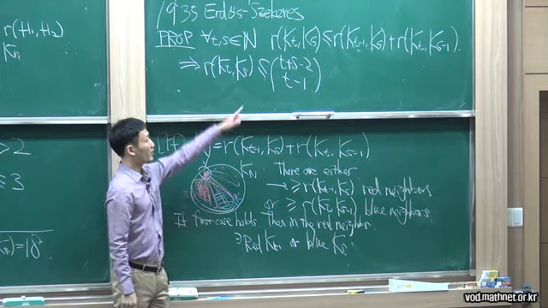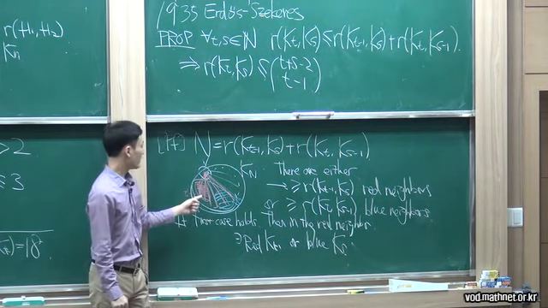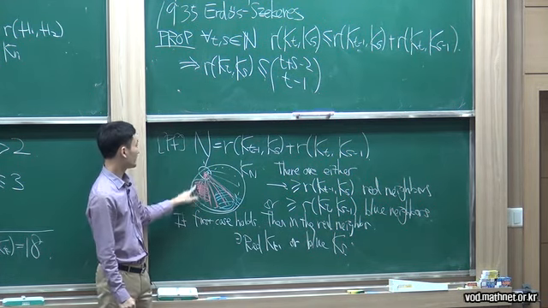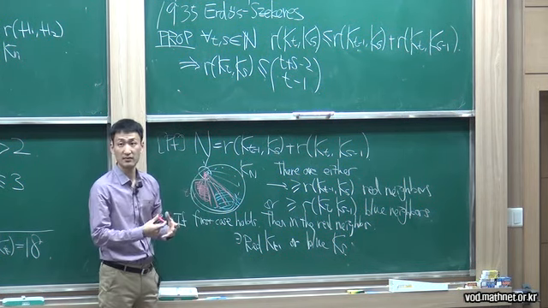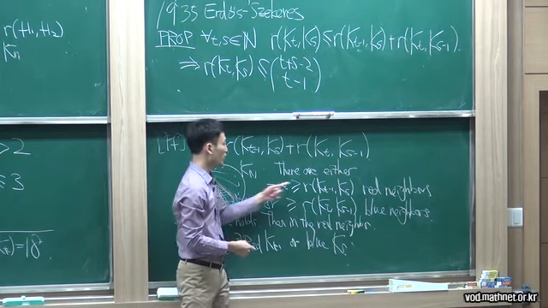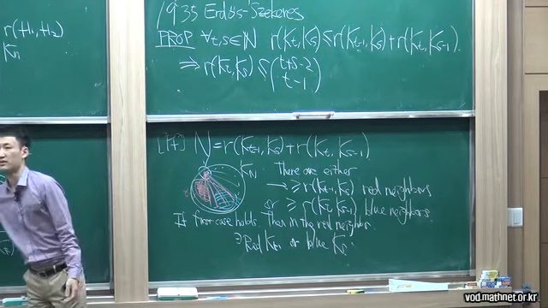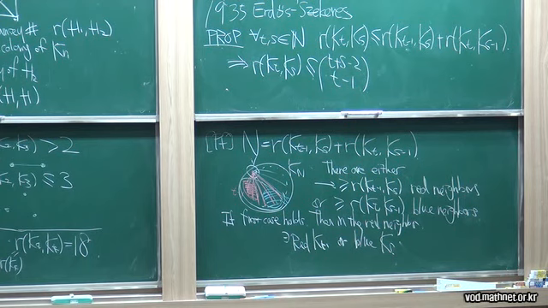If I have the blue one, I'm already done because I'm looking for a blue K_s. In the other case, just add the vertex v back in. Then instead of t-1, I have t vertices all connected to each other by red edges, giving a red K_t. And you can use a similar argument for the second case as well. So really, it's just this argument, again, applied to abstract numbers instead of concrete numbers.